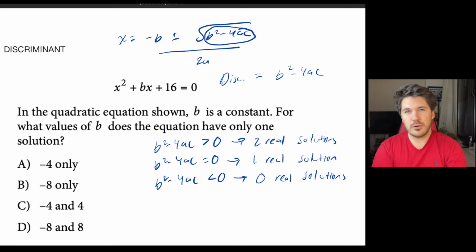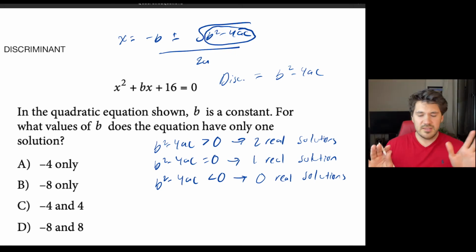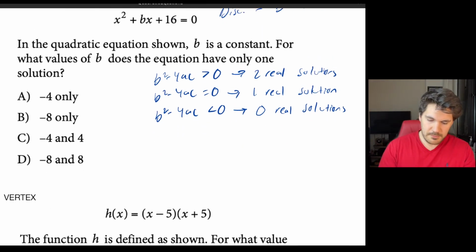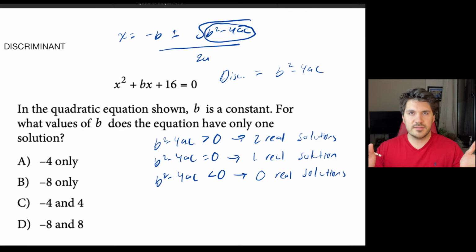Now, let me give you a quick background, like a logic lesson, of where this comes from, and then we'll move forward. It should make perfect sense that if b squared minus 4ac is bigger than 0, you would have two real solutions. Let's say we had negative 4 plus or minus the square root of, let's make it easier, the square root of 36.